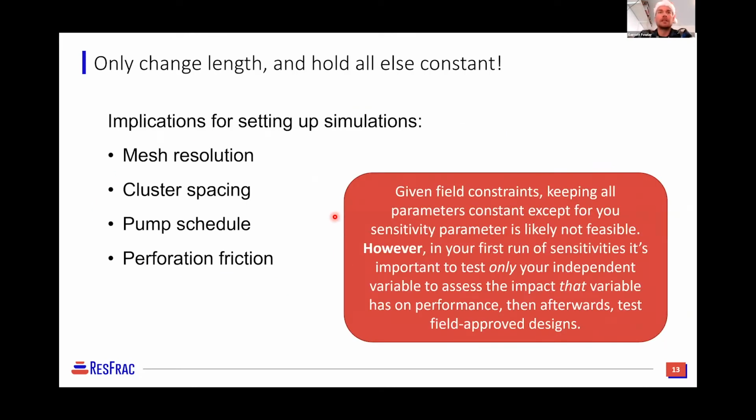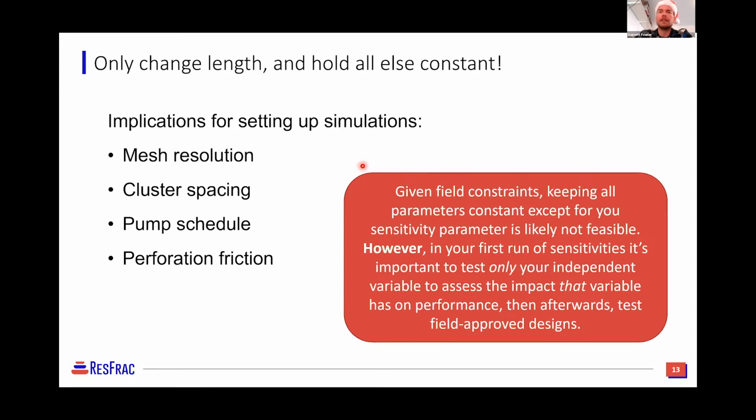So if we're changing stage length, what are the things that we need to focus on to normalize? I'm going to talk through mesh resolution, cluster spacing, pump schedule, perforation friction. Most of these are pretty intuitive once you think about them, but if you don't think about them, they can result in gotchas.